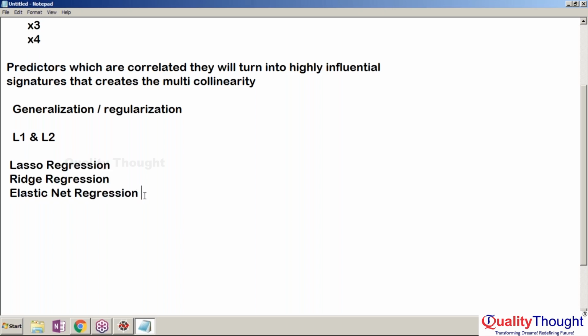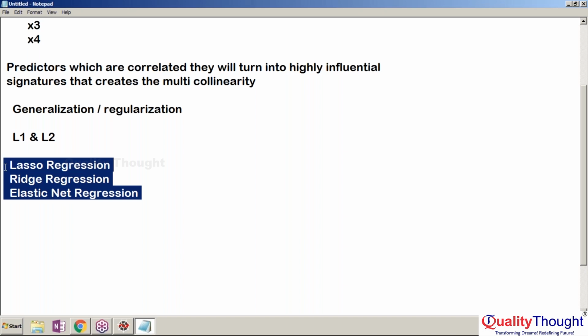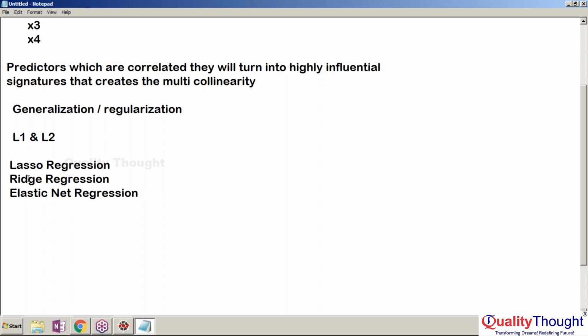There we will finish the concept of the regression models. Why? Because these are the stuff where we are trying to fix the collinearity problem, or where we are trying to apply generalization or regularization, in order to come up with the best regression model after tuning the regression models, or fixing the issues with the regression models.